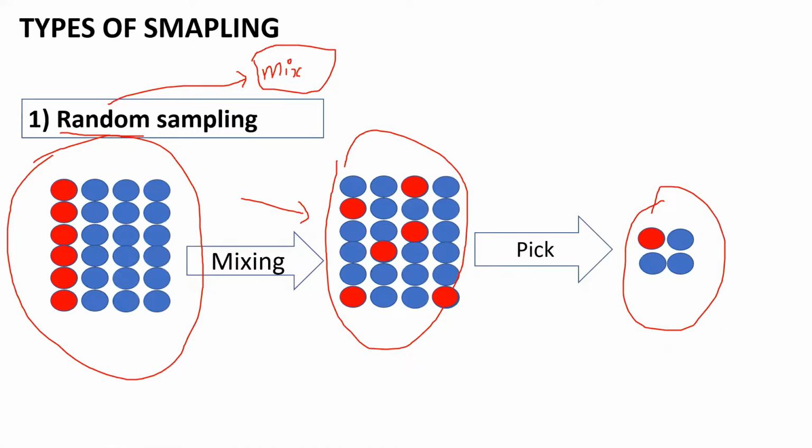Random sampling must go through mixing. Either you mix the actual population for miscible population, or you use serial numbers, you mix the serial numbers, or you draw random numbers using any software, which is some kind of mixing, then you sample. So if there's no mixing, please don't mention random sampling there.